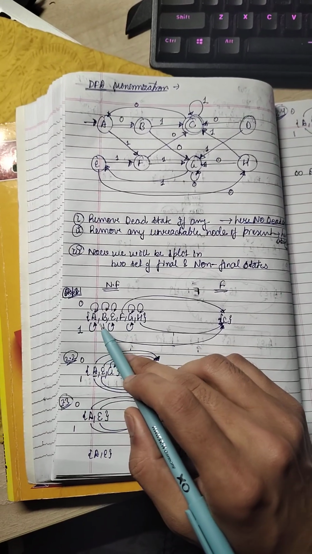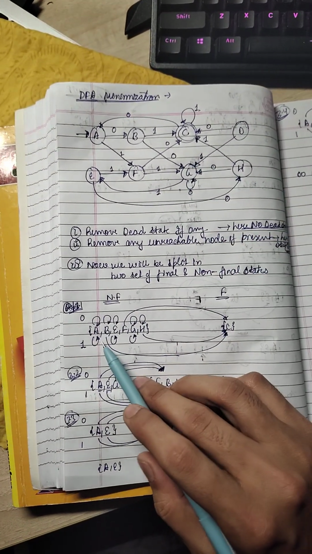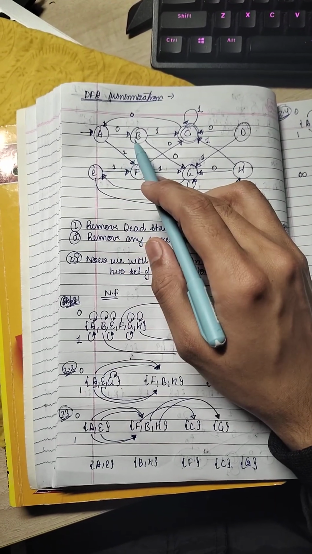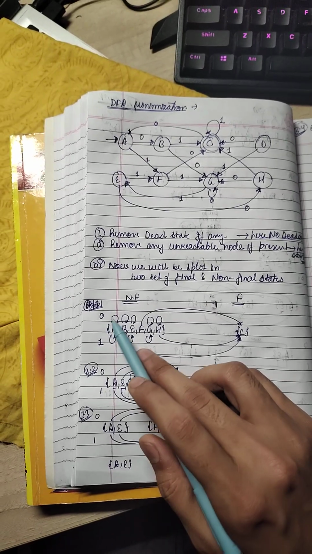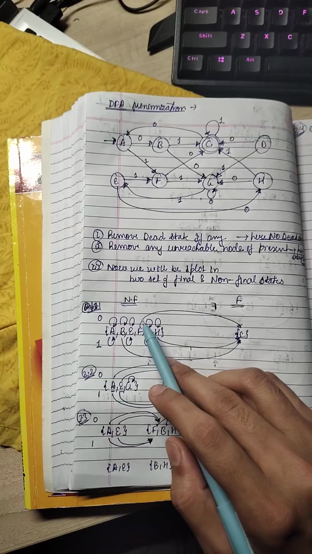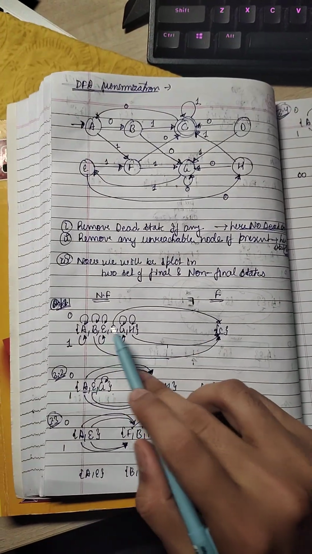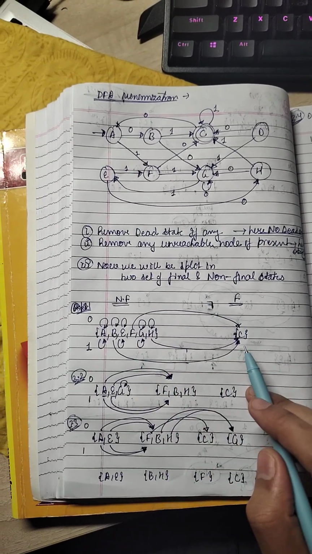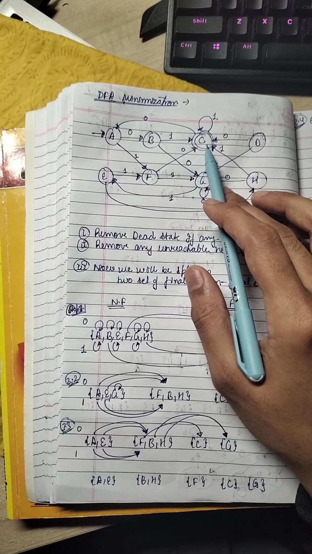Looking at this diagram, for A going to B on 0, as A and B belong to the same set, we can say that A belongs to this same set for 0. Similarly, we will be doing for all of these. While doing for F, it will go to C. As you can see, for F it is going to C.